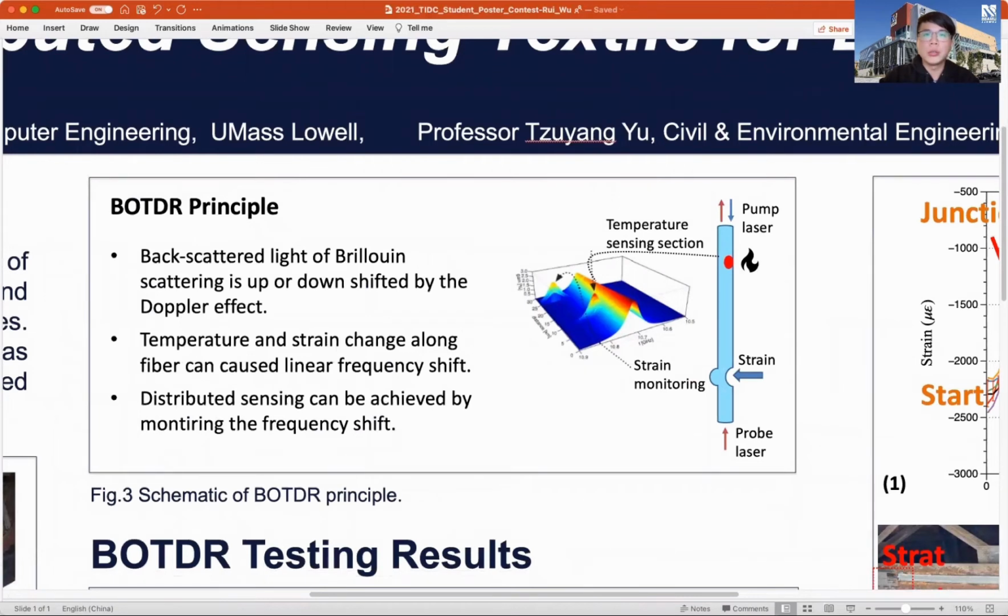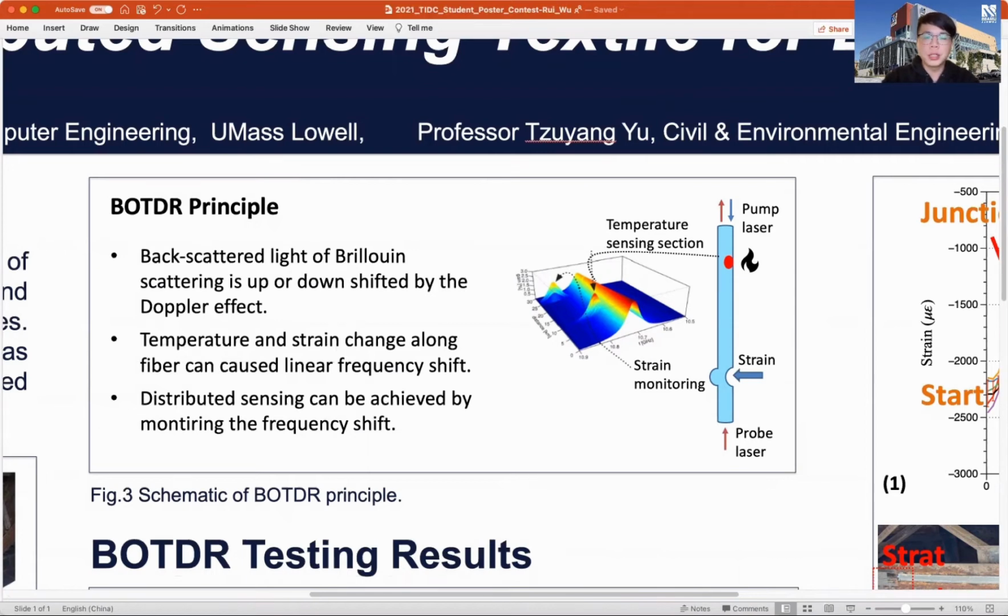The technique we use in the fiber sensing system is called Brillouin optical time domain reflectometry. Brillouin scattering takes place when a photon from an incident light wave is transformed into a scattered photon.